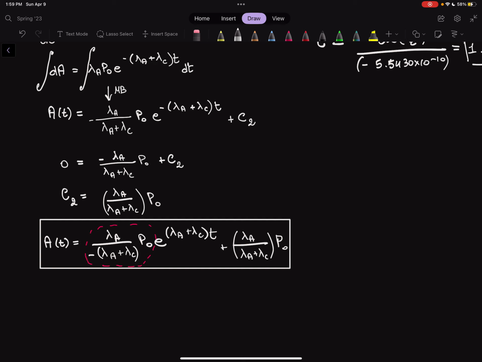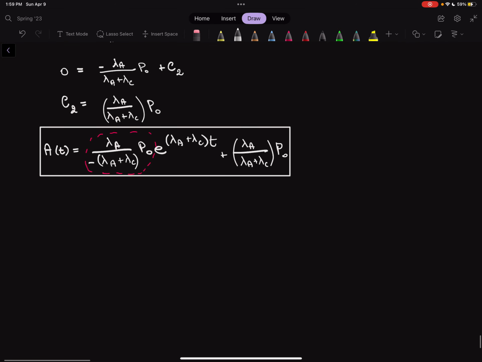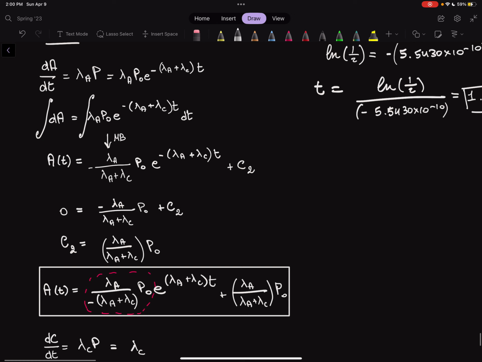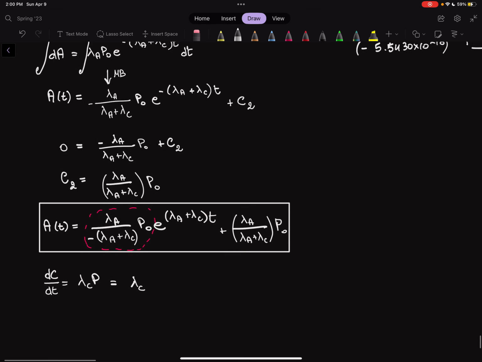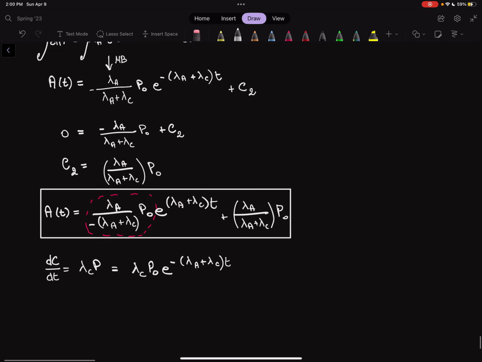Now that we have this, we're going to substitute P also in C, and we're going to do a similar process. So we have that dC dt is equal to lambda C times P. Well, lambda C we can rewrite, and then P naught e to the negative lambda A plus lambda C times T, that was the T part.